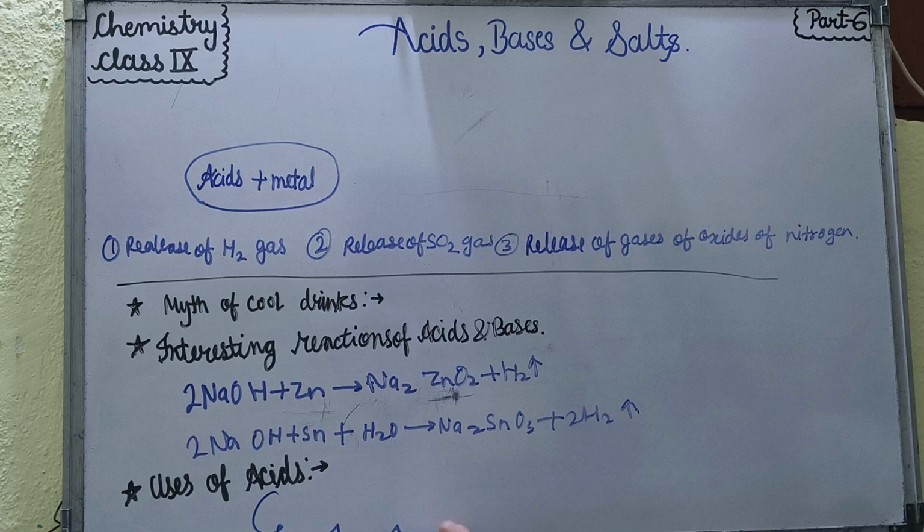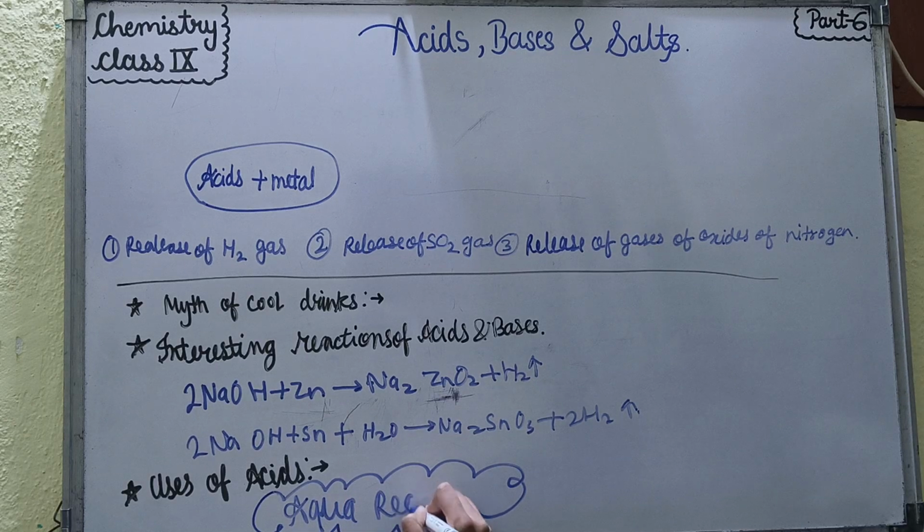Then our next topic is aqua regia. Gold and platinum are said to be noble metals as they do not enter into any reaction normally, but even these noble metals can be made to react in presence of a combination of certain acids.